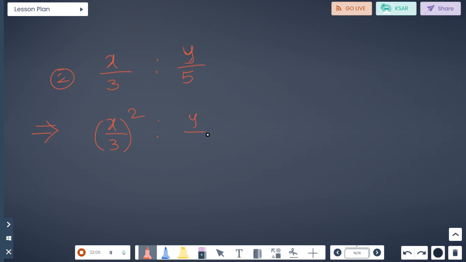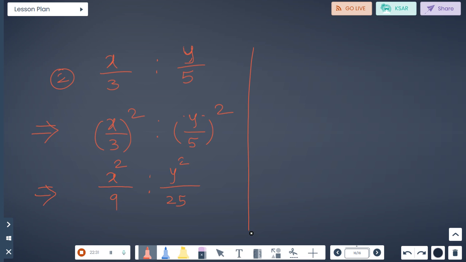x upon 3 bracket square is to y upon 5 bracket square. Means x square, and the square of 3 is 9, is to y square upon the square of 5, which is 25.